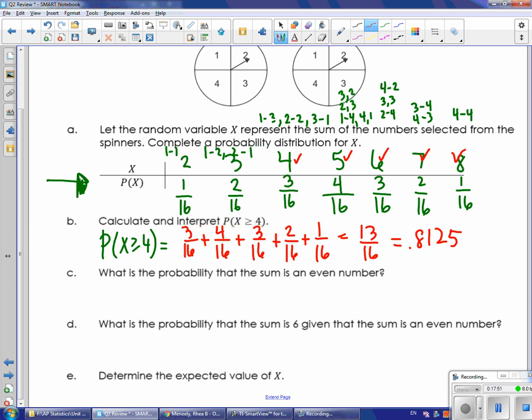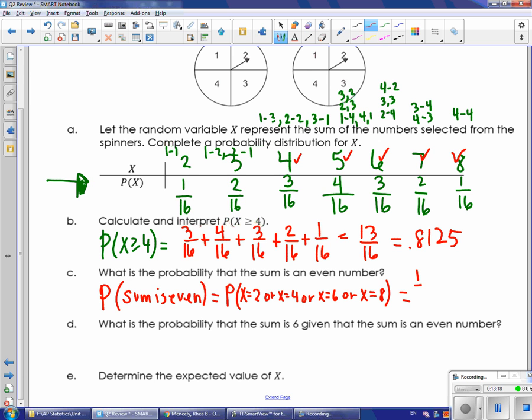If I want to know the probability that the sum is an even number, so what does that mean if the sum is even? If I want to express this as a random variable, that means it's the probability that x is 2, or x is 4, or x is 6, or x is 8. And just like before, each of these are considered disjoint, so I can simply add the probabilities together.